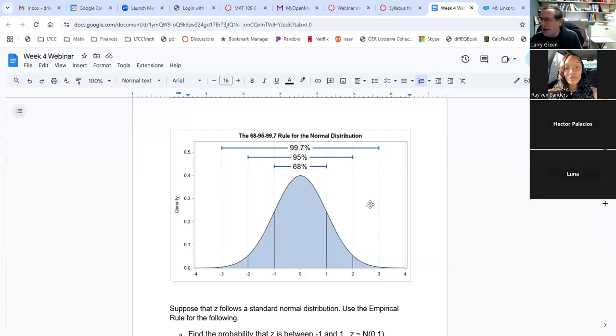All right. I will let you know that if you remember the way we talked about finding the probability when you have a distribution like this, when you have a continuous variable, is the area. So it's the area between those numbers under the curve, kind of like that filled in place between -1 and 1.